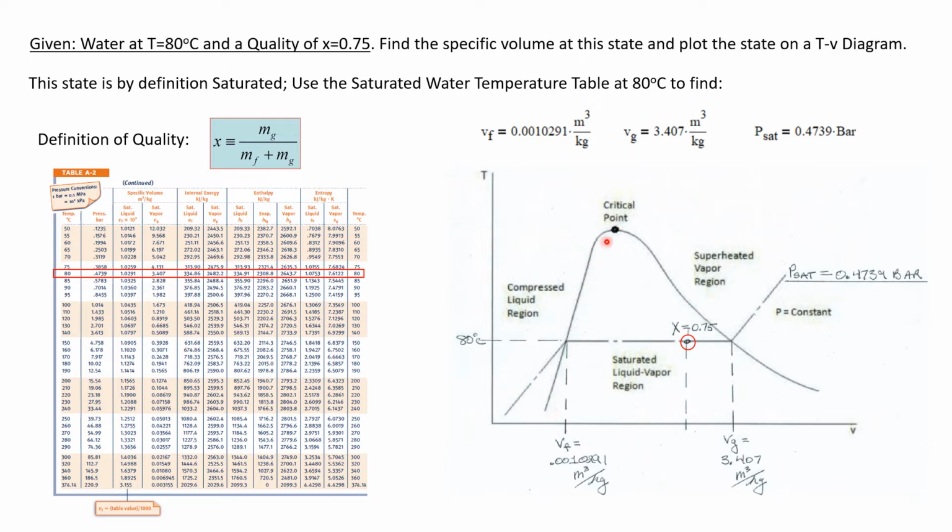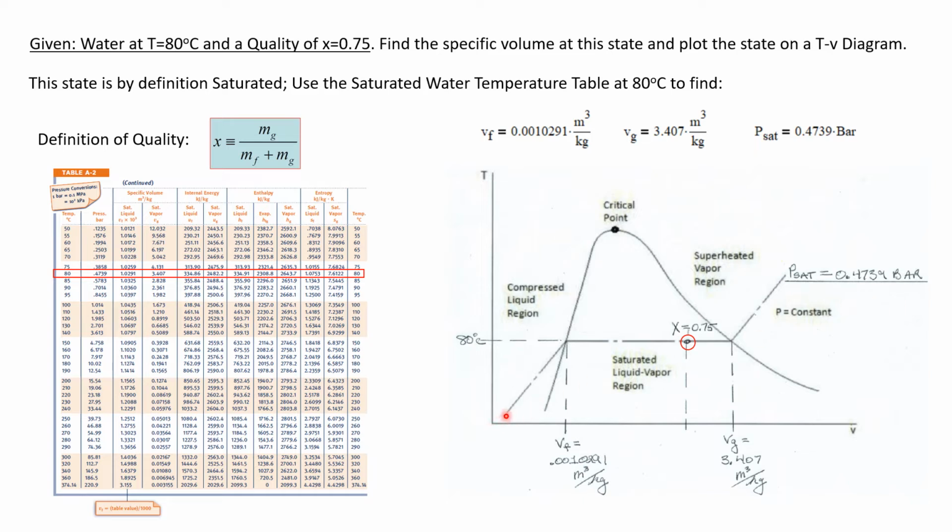Here's our vapor dome. And I'm going to draw a horizontal line through it, which represents the temperature at which this state exists. So we know that we're going to plot this state somewhere on this horizontal line representing 80 degrees C. But we saw that the saturation pressure at 80 degrees C is 0.4739 bar.